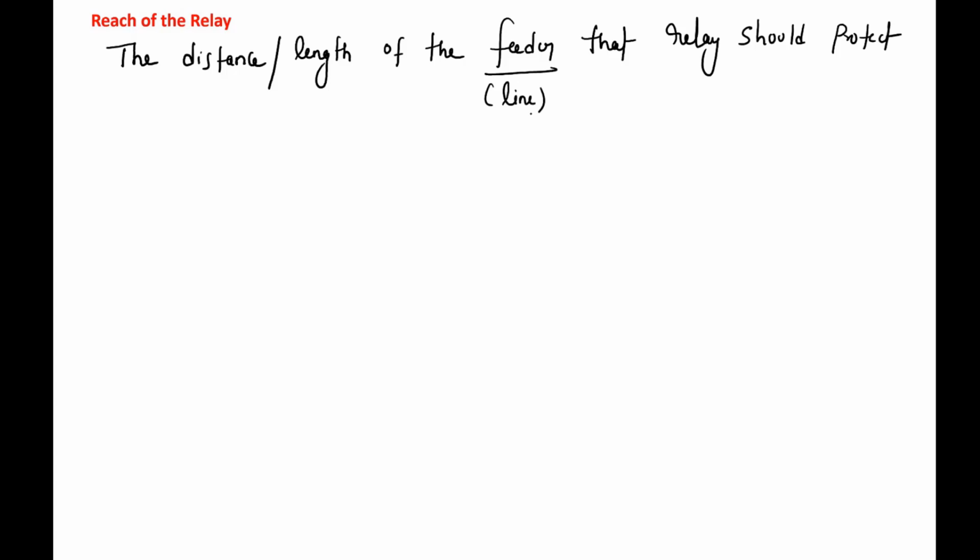For example, we have already seen different zones of protection. Suppose this is one transmission zone and here two relays are there, I am using the X symbol to denote the relays. So what is the reach of relays R1 and R2? Let us say the length of this feeder is 20 kilometers. R1 is connected at the beginning of this feeder and R2 is connected at the end.